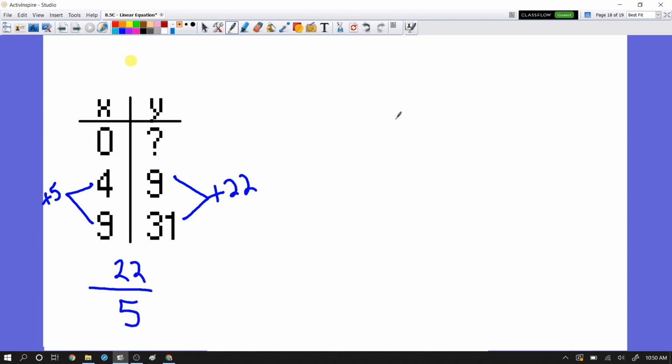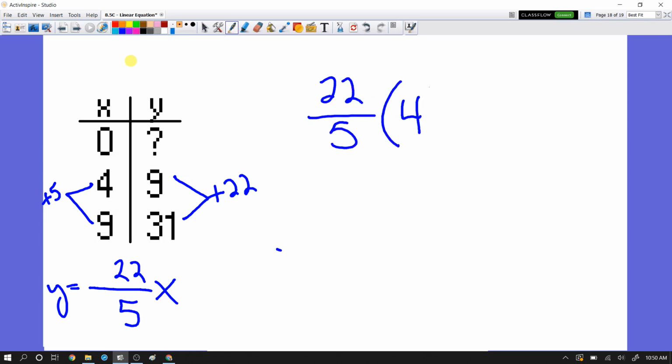Okay. And it's asking what's the y-intercept. Oh, geez. So y equals 22 over 5x. It's going to be plus or minus something. So if we put in 22 over 5 and plugged in 4 for x, so let's do that. That would be 88 over 5.